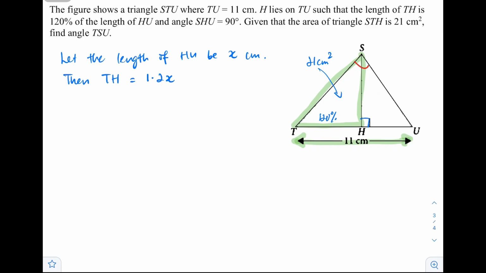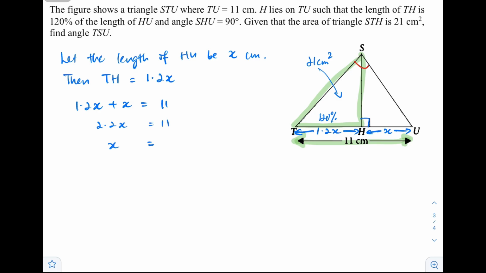And we know that TU, which is 11 cm, is made up of TH, which is 1.2x, plus HU, which is x. This would be equal to 11 cm. We can easily solve this because 1.2x plus 1x is simply 2.2x. This is equal to 11.